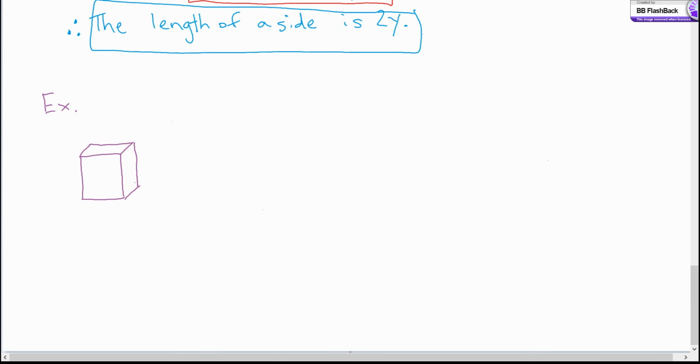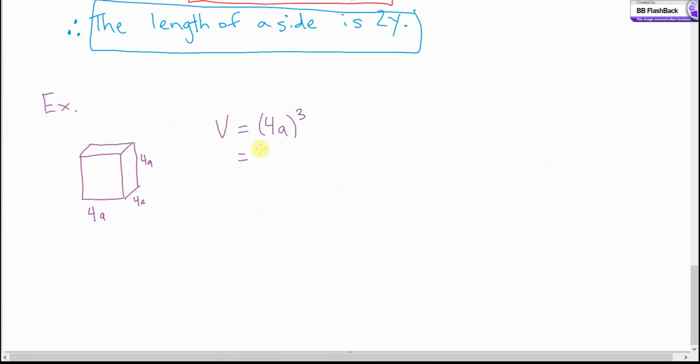If you have a cube and the sides are, let's say, 4a, what's the volume of this cube? We could write 4a times 4a times 4a, or just 4a cubed.